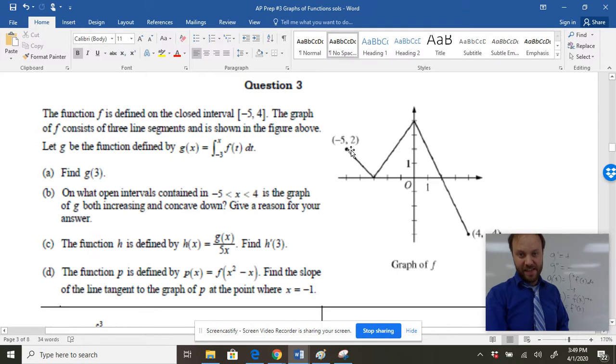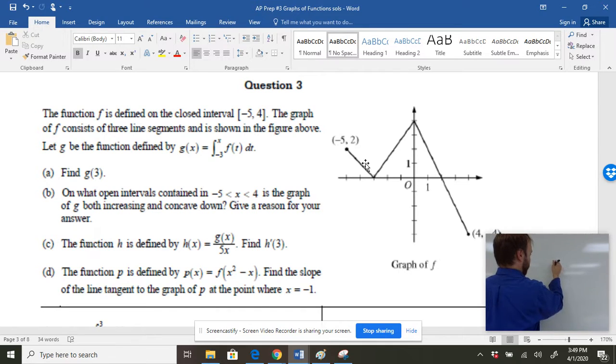And the only two places that's happening is here between -5 and -3. And then it happens again, we can see that f is positive and the slope of f is negative here between 0 and 2, okay?